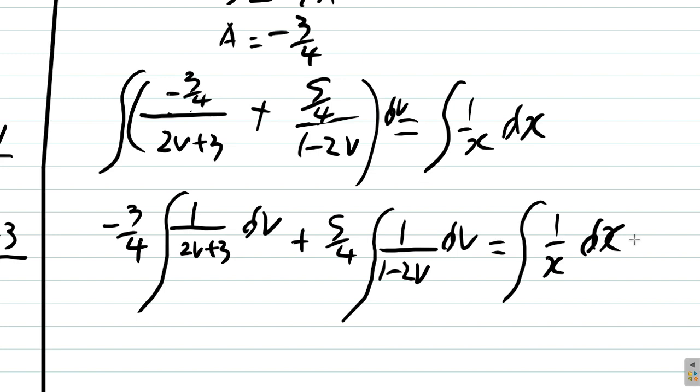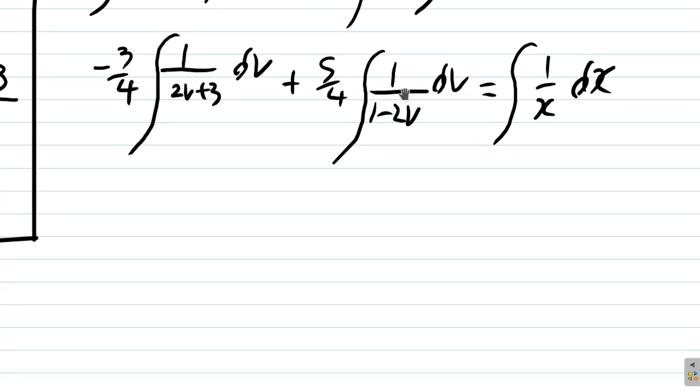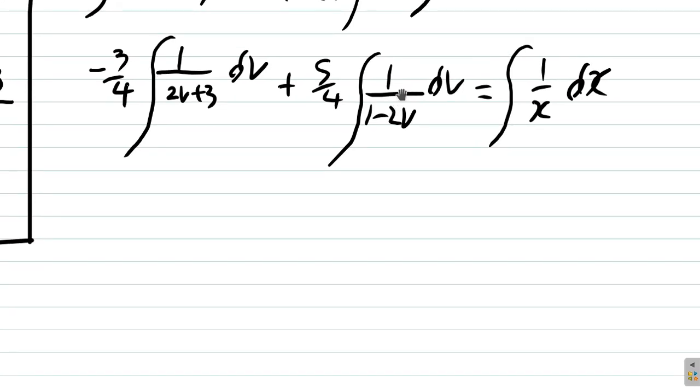Now, you can use integration by substitution to deal with these. If you have been doing a lot of integration by substitution, once you get enough practice, you can see exactly what will happen here. It's going to be ln of this over -2. But anyway, just as a reminder, let us do it.